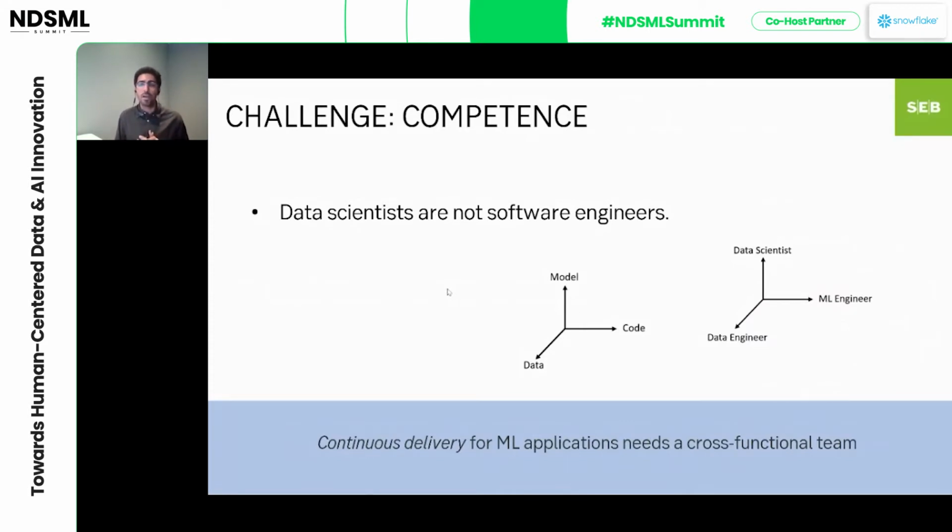And you need data scientists, basically, to make sense of the data and do some experimental tasks and so on. So in order to have continuous delivery for machine learning applications, it is very important to have a cross-functional team. Also bear in mind that you need a business person from the very beginning to the very end of your machine learning lifecycle management process.